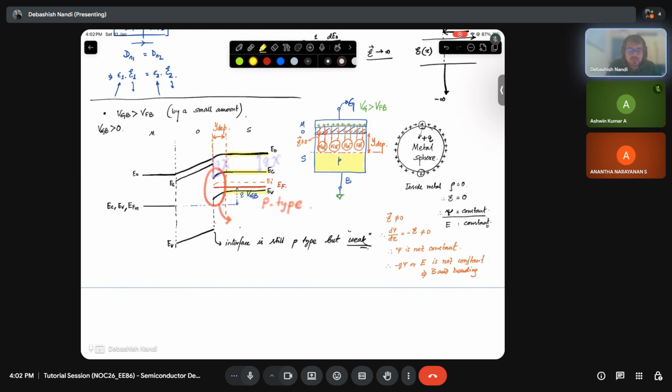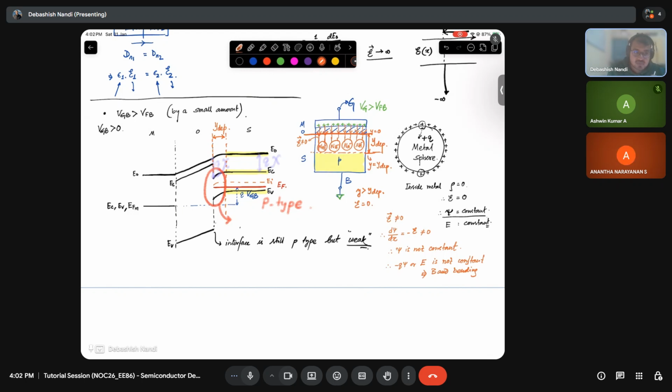So one more time. Let's say this line is y equal to 0, and this is y equal to y depth. If y is greater than y depth, my electric field is 0.